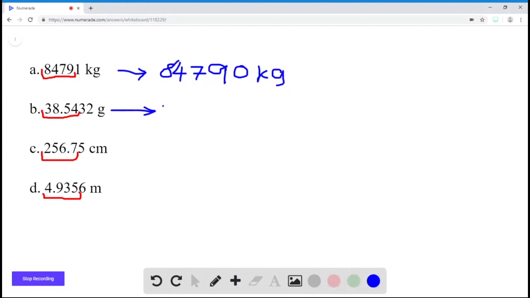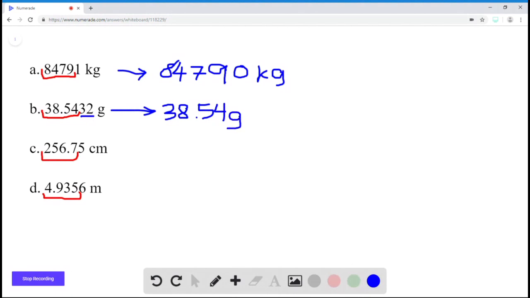So if we look at the second number, we have 38.5, and now we have to figure out how we're rounding this 4, but because the two numbers following your 4, 32, is less than 5, you're not going to round this up or down, so you're just going to leave this as a 4.